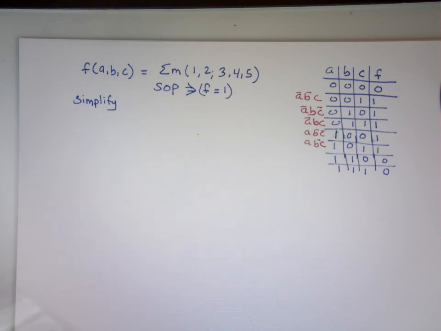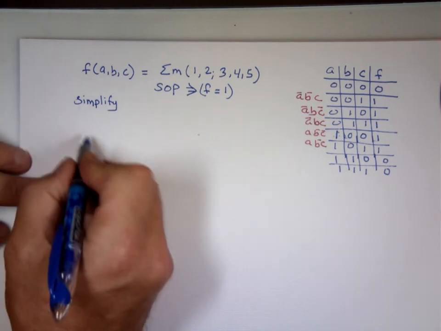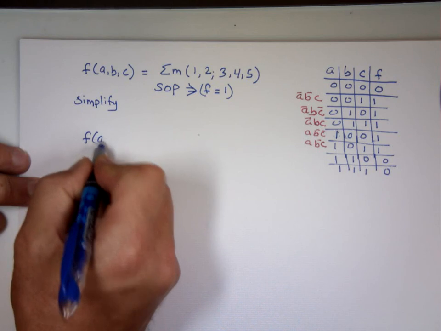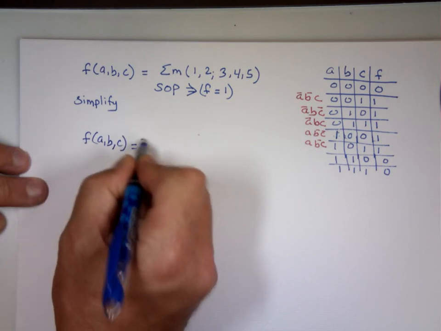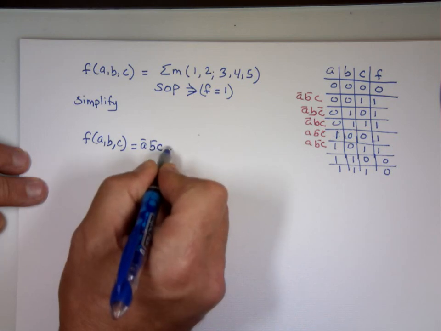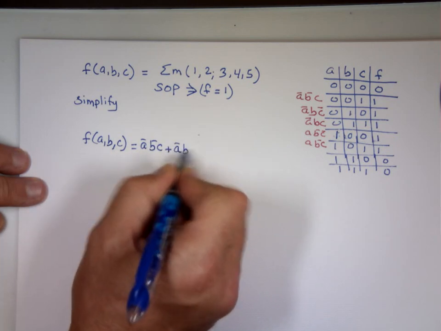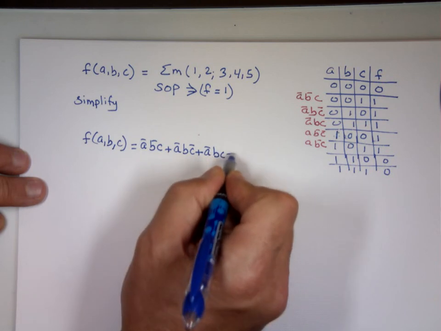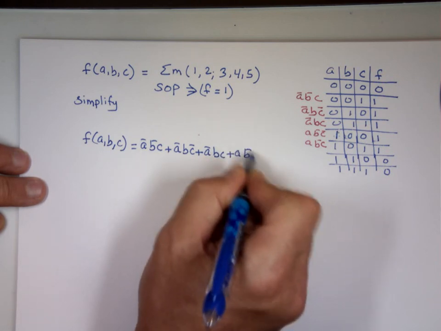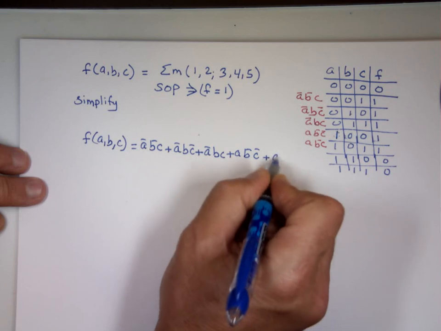So that tells you what F is. If you were to write F in expanded format, if you want to write that the long way, that would be what? A bar, B bar, C, plus A bar, B, C bar, plus A bar, B, C, plus A, B bar, C bar, plus A, B bar, C. That's what F will be.